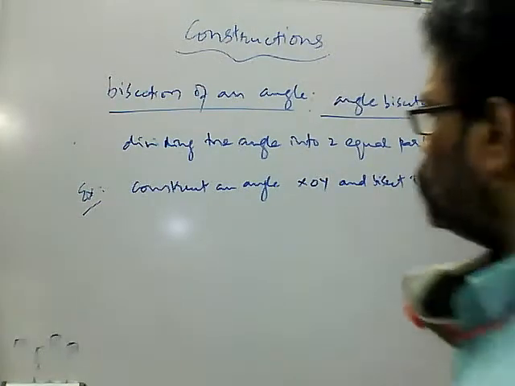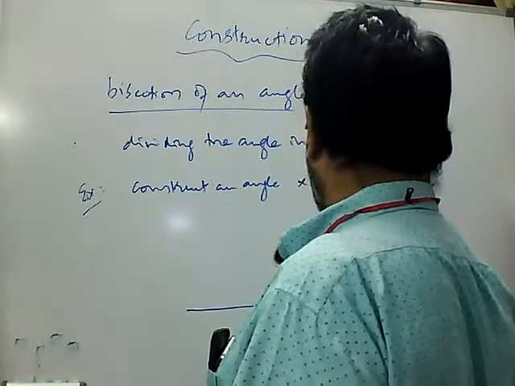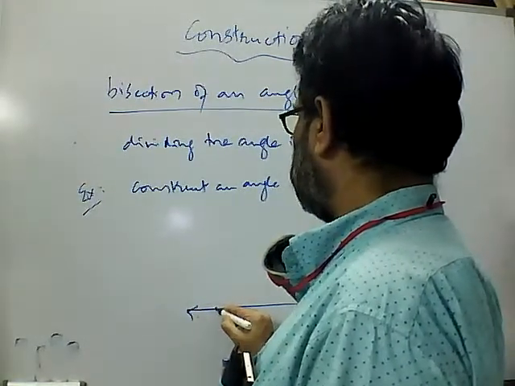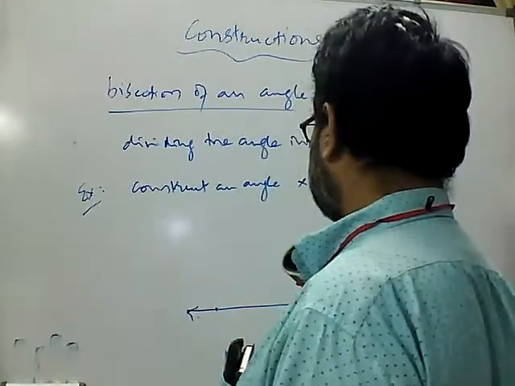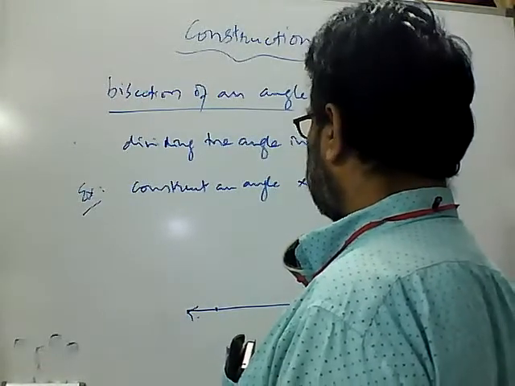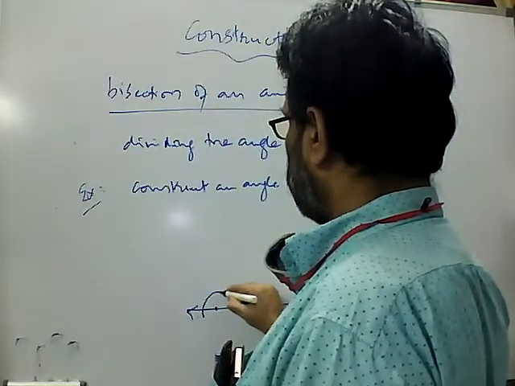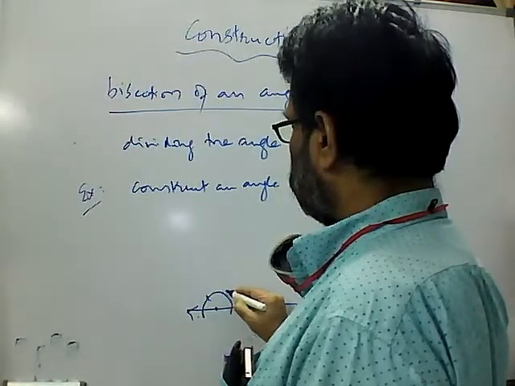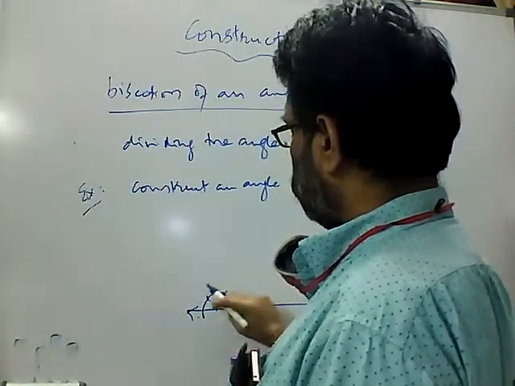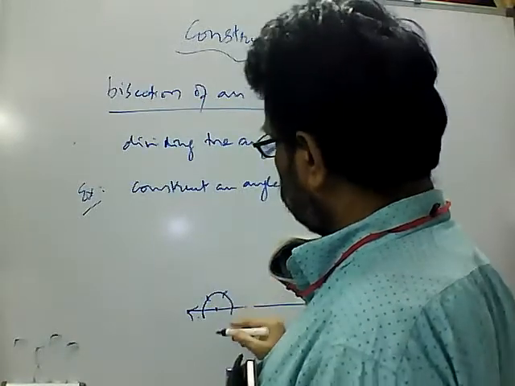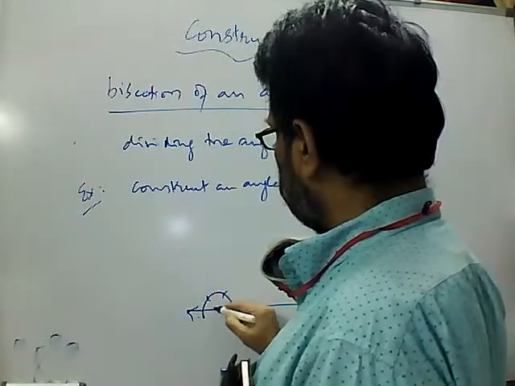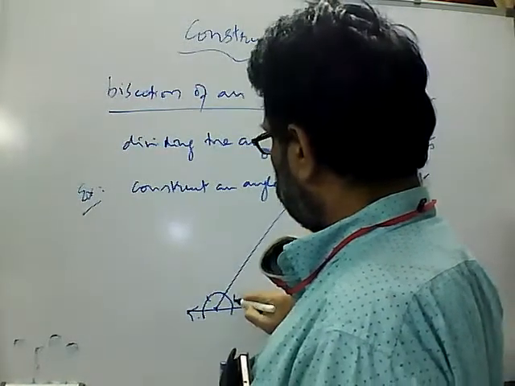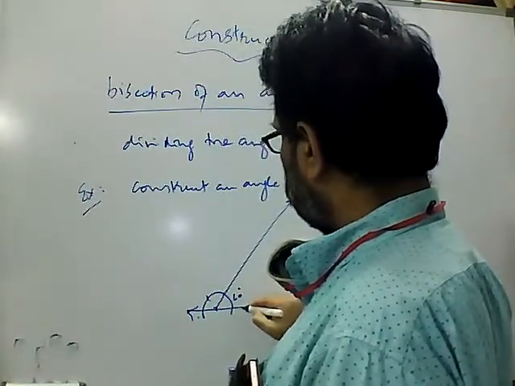So first, step one: you draw a line and take a point. From here, you cut a semicircular arc. Take equal measures with a suitable radius: this is 60, this is 120, and this is 180. Through this, you draw a line. So this is 60 degrees.